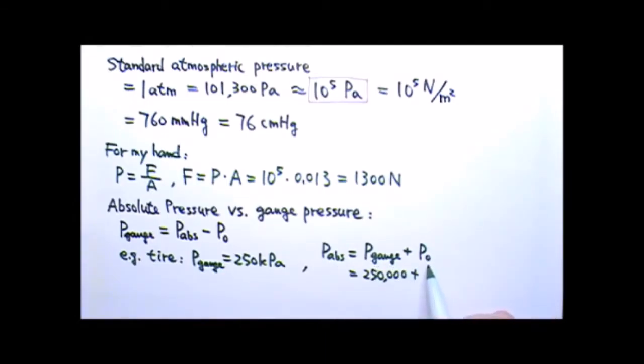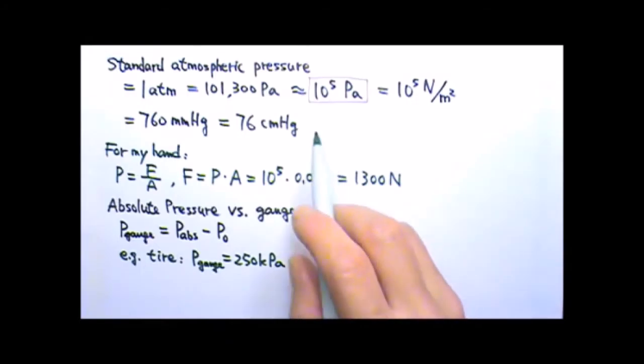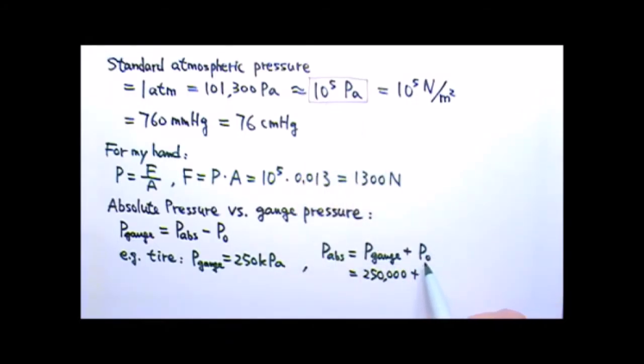If a problem doesn't say anything, that means we will use the standard atmospheric pressure, 10 to the 5th pascals. We add these two together, we get 350,000 pascals. And that's the absolute pressure inside the tire. We may use gauge pressure instead of absolute pressure because sometimes what's important is the amount of extra pressure above the atmospheric pressure, as in the case of tire pressure.